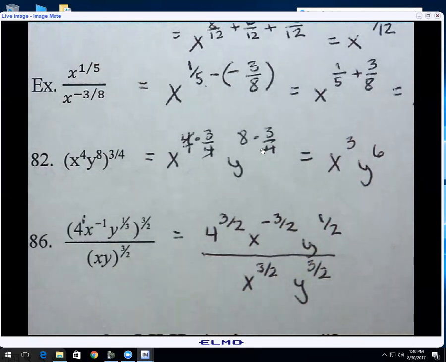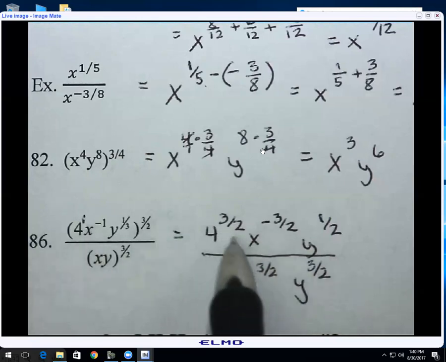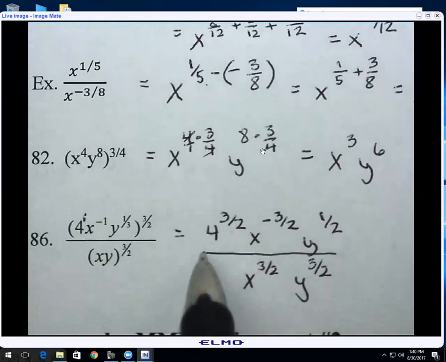What does 4 to the 3/2 mean? A minute ago, when I said, what would this be without parentheses, somebody said square root of x, and I said, you probably don't want to go there because you can't take the square root of x. You don't know what x is. It's a good idea right here, though, because you know what the square root of 4 is.